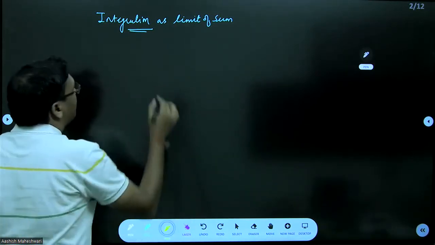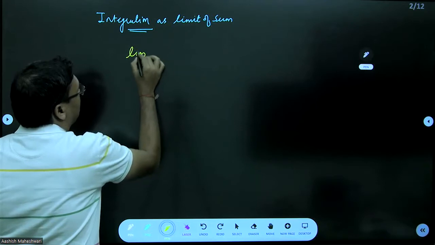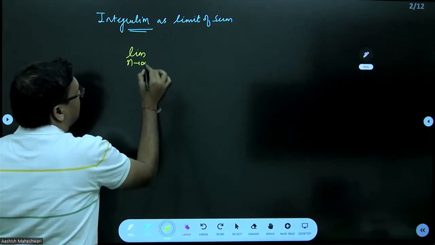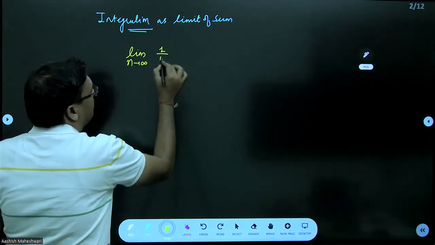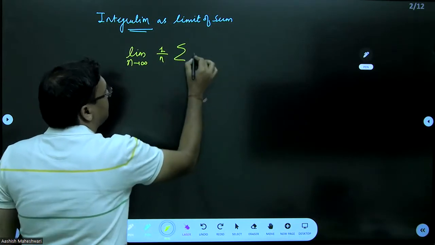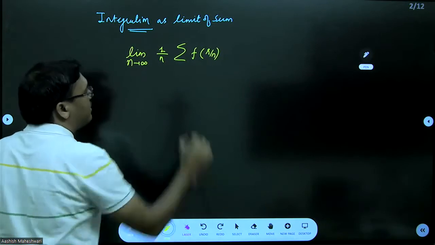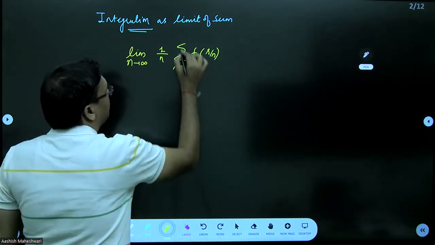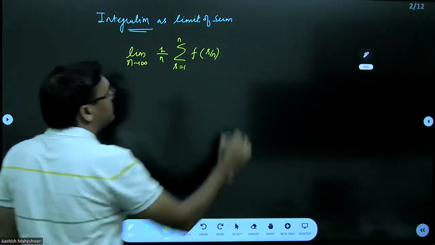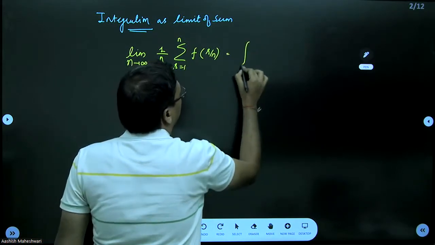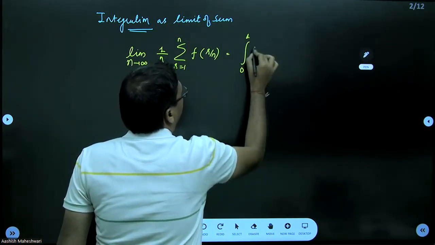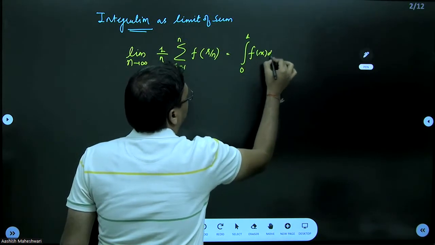The idea is, if you have limit n tends to infinity, 1 by n sigma f of r by n, where r is varying from 1 to n, this is equal to integral 0 to 1 f(x) dx.